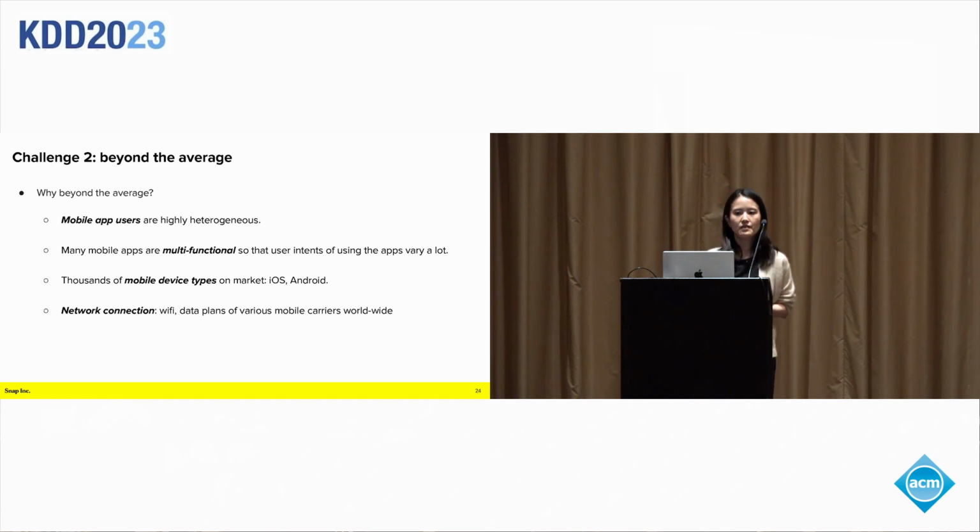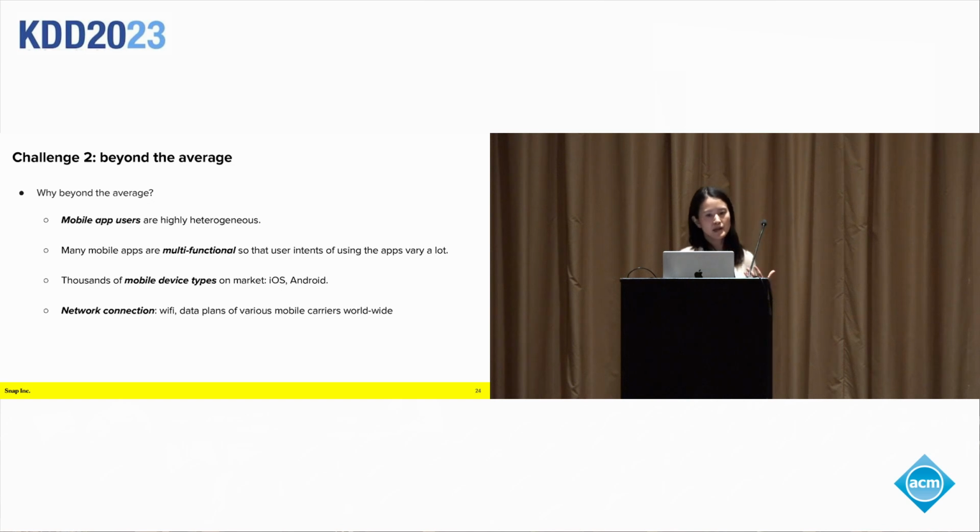This is because there are many factors that can contribute to the heterogeneity of mobile app data. For example, mobile app users are highly heterogeneous. Users could come from different countries, of different age groups, of different genders, and also with different engagement with the app.